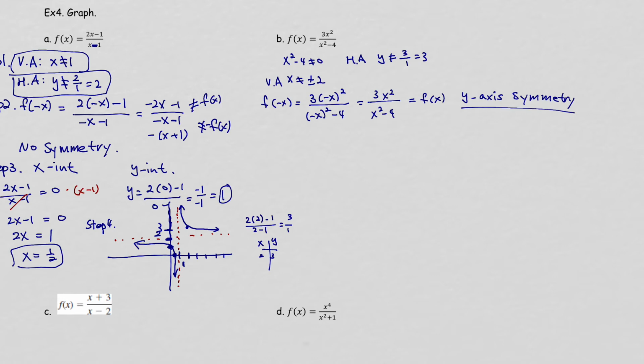And then what else? Intercepts now. X-intercept: letting y equal 0. And 3x squared equals 0, where x will be 0, right? Y-intercept: letting x equal 0.